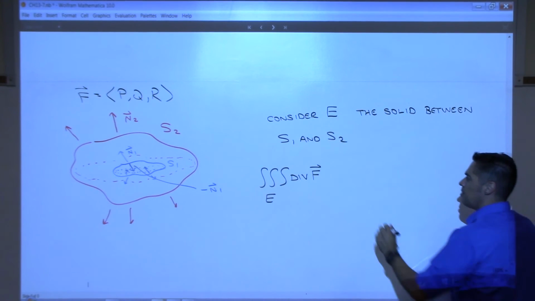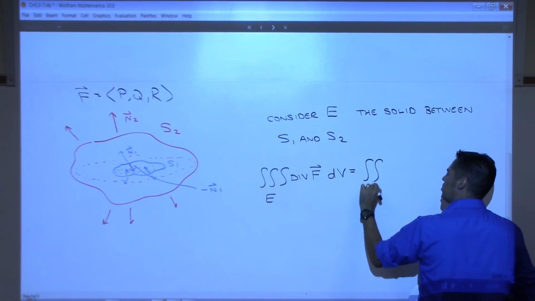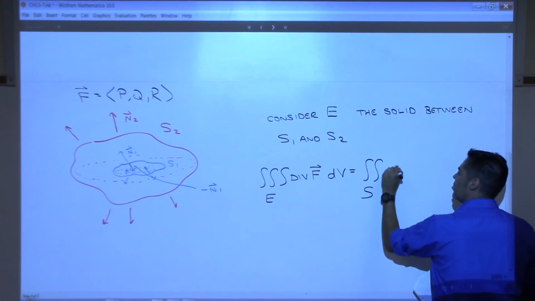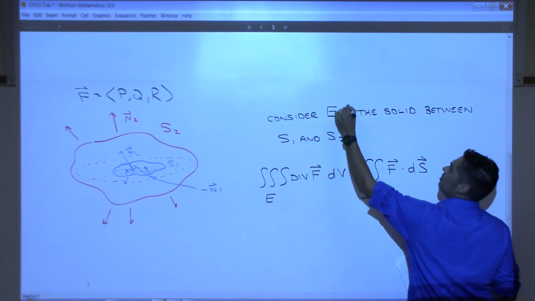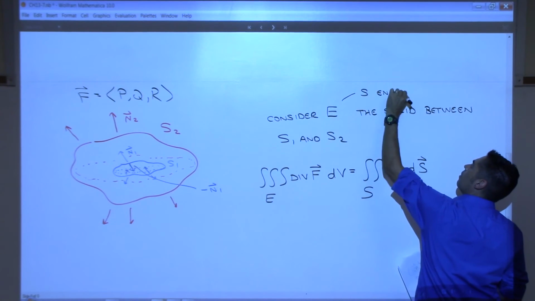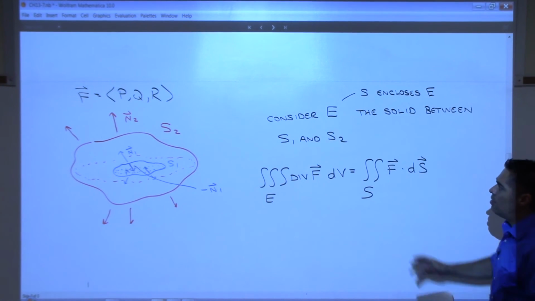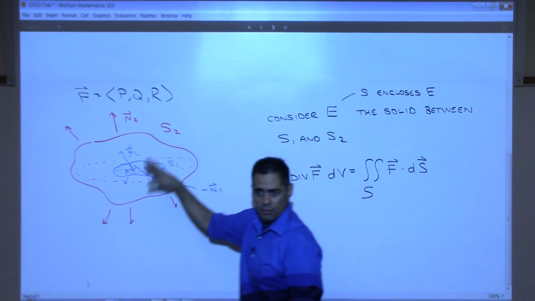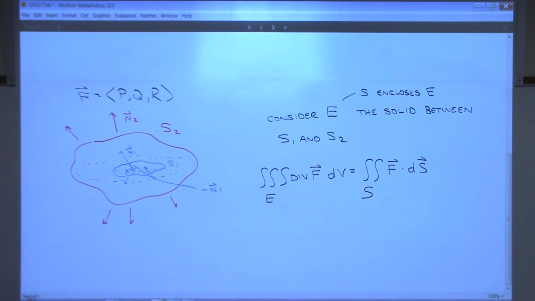Do you agree that this should be equal to the surface integral over S of F dot dS, where S encloses E? So don't confuse S with S1 and S2. S is the surface that encloses the bread of the donut. Can we go with that?